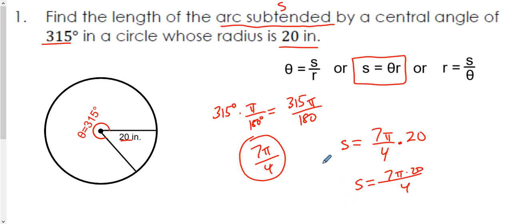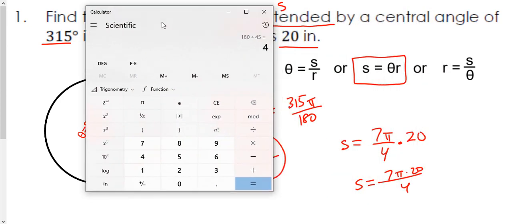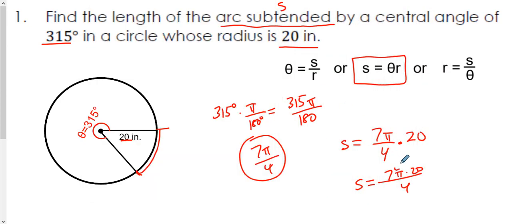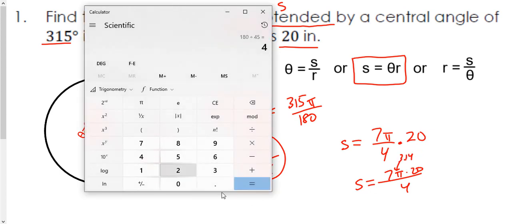And I'm assuming that we're going to want to find out the length of the subtended arc, how far it is from here to here, in decimal version. So let's throw this in our calculator. Pi we know is 3.14. So 7 times 3.14 times 20. Then we're going to divide this by 4.